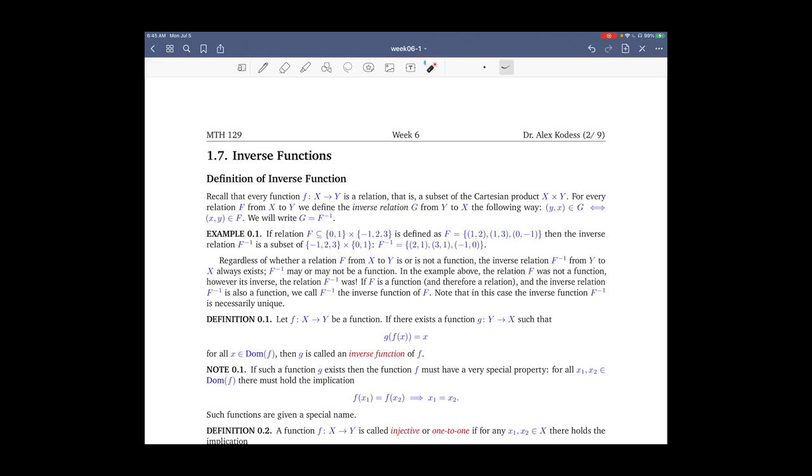It's a relation in which whenever you have pairs A,B and A,C in your relation, necessarily B equals C. In other words, you cannot have two pairs with the same first coordinate and different second coordinates.